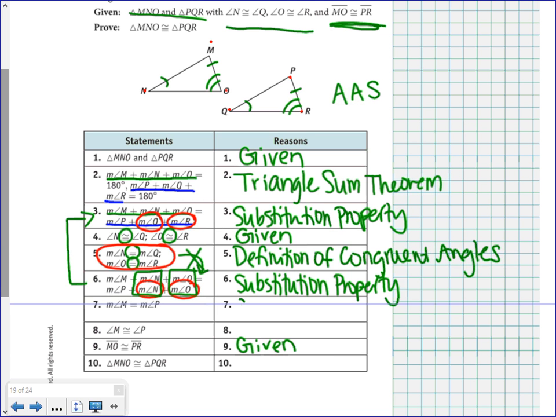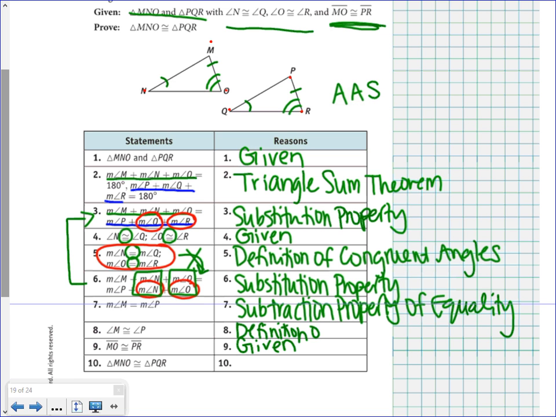So that's going to be using the subtraction property of equality. And then, if we know that they are equal, we can say they are congruent. So that's using the definition of congruent angles.